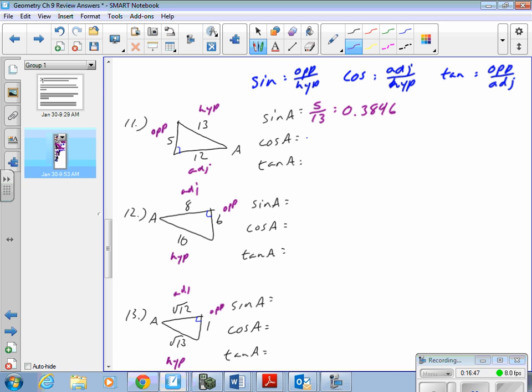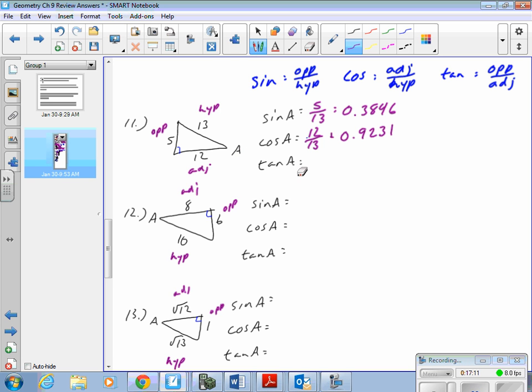And then the next one is the cosine of A, which is the adjacent side over the hypotenuse, so 12 over 13. So if we divide that out, 12 divided by 13, 0.9231.